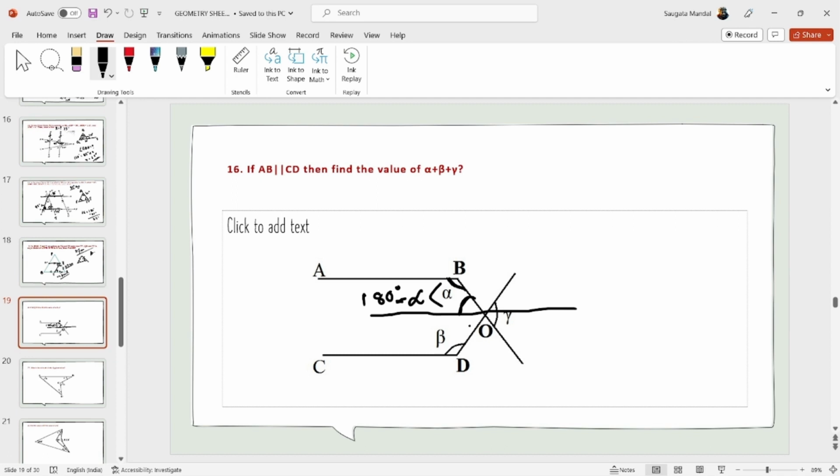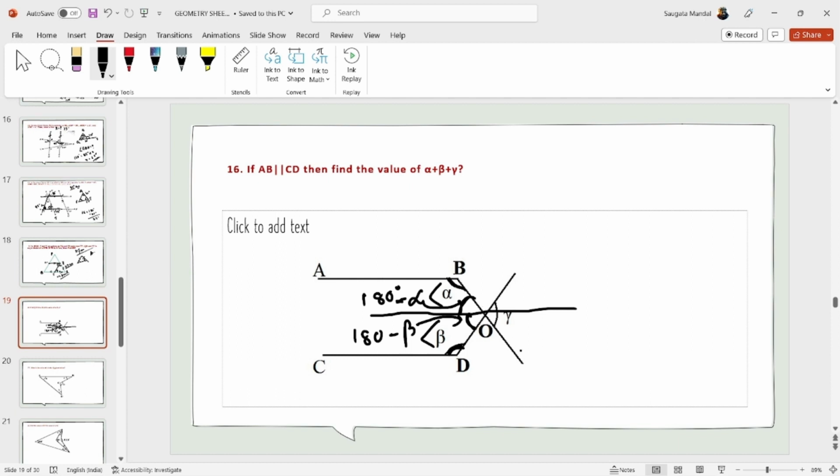And in the same way, the sum of these angles and these angles is equal to 180 degrees. And if one angle is beta, then the other angle must be 180 degrees minus beta. The sum of both angles is equal to the angle gamma. Why?